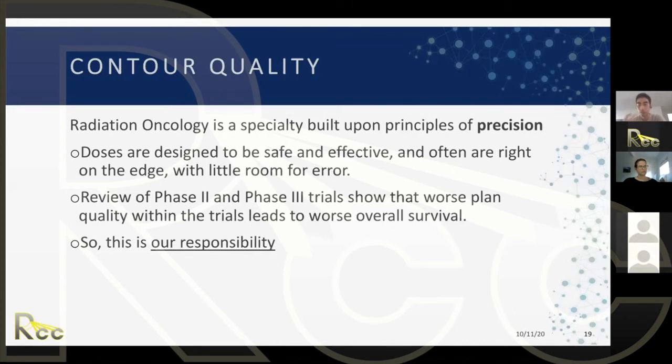It doesn't mean we need cutting edge technology, but it means that we need to be as accurate as possible with the technology that we do have. I think that as radiation oncologists and medical physicists and professionals, this is really our responsibility to the patients. They really trust us to do what's going to help them.